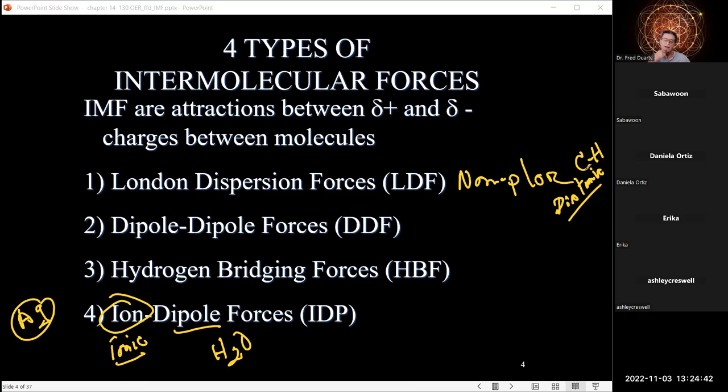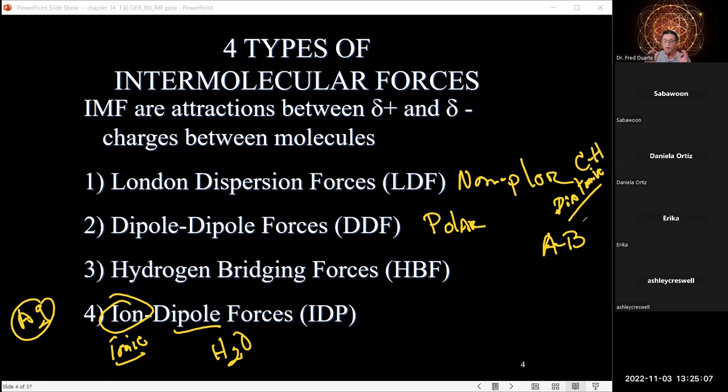Okay. Dipole forces. Well, first of all, it has to be a polar molecule. And having a polar molecule, remember that was the example where I used an AB bond, meaning there are 2 different atoms bonded together.